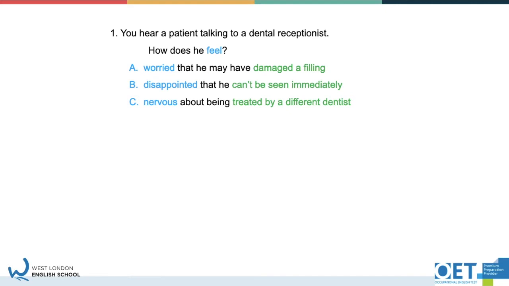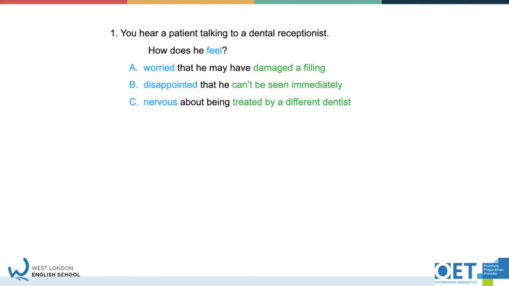Okay. Now in OET, they do put in distractors, and that means that you might hear the person talking about the dentist not being able to see the patient immediately, or the receptionist might say that the treatment today will be by a different dentist. But you have to make sure that you associate the feeling, for example, disappointed, with the rest of it.